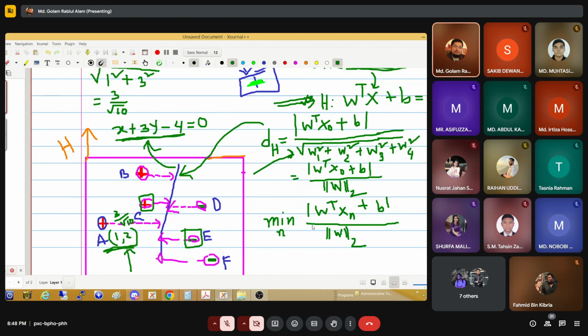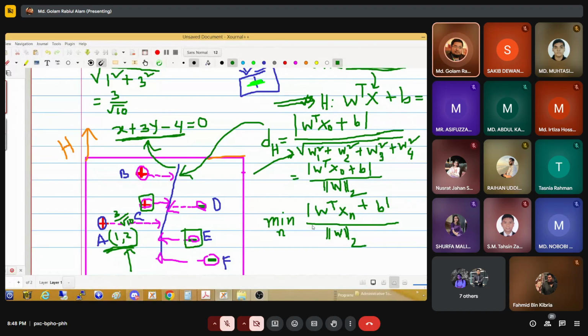Now, not only the support vectors, but according to our support vector machine definition, we have to think about the margin also. So the margin also, that means we need to maximize the margin.